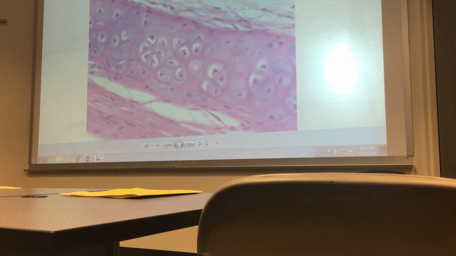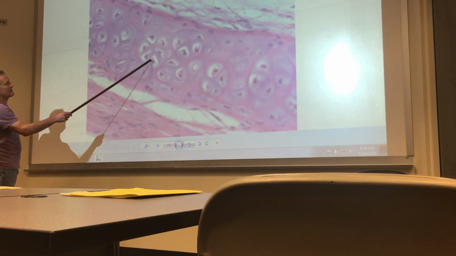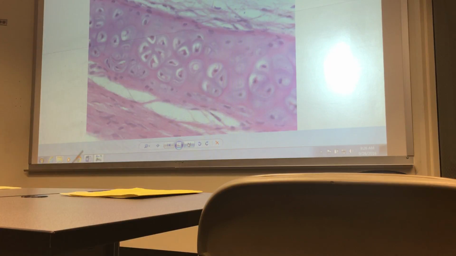It is literally all over the place. Cartilage, just like with bone, you've got a fair amount of information on the supplement. In other words, you've got the lacunae with the chondrocytes in there, just some stuff that make sure you put it in your books and can use the words, spell the words, etc.